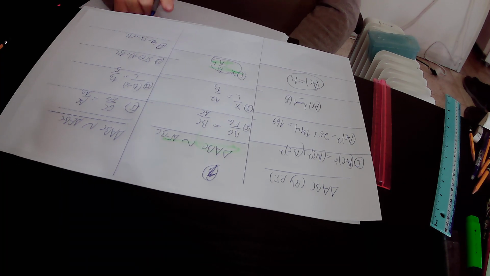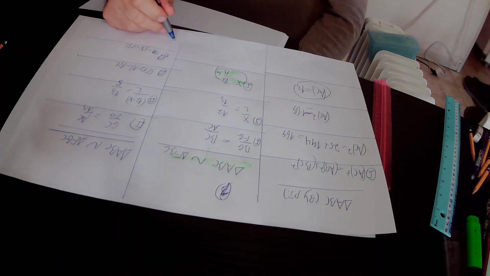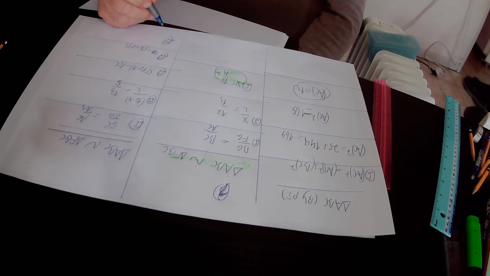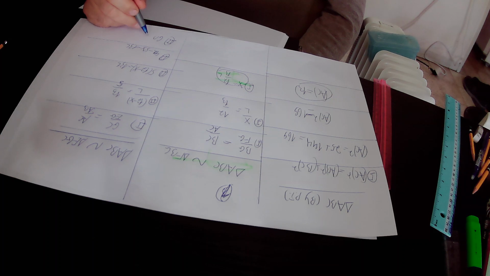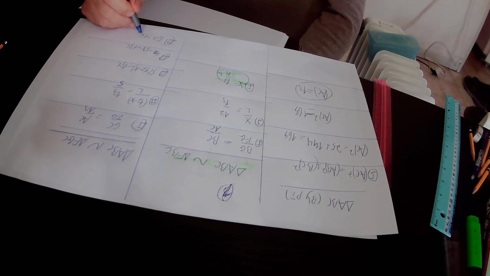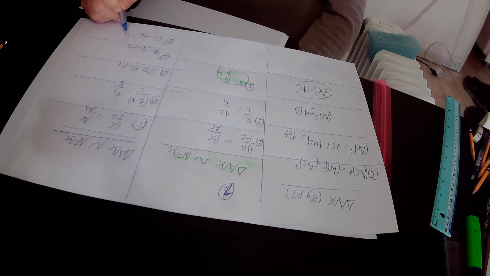So here we add 5x and then subtract 13L simultaneously from equation 2, and we get 60 minus 13L equals 5x.